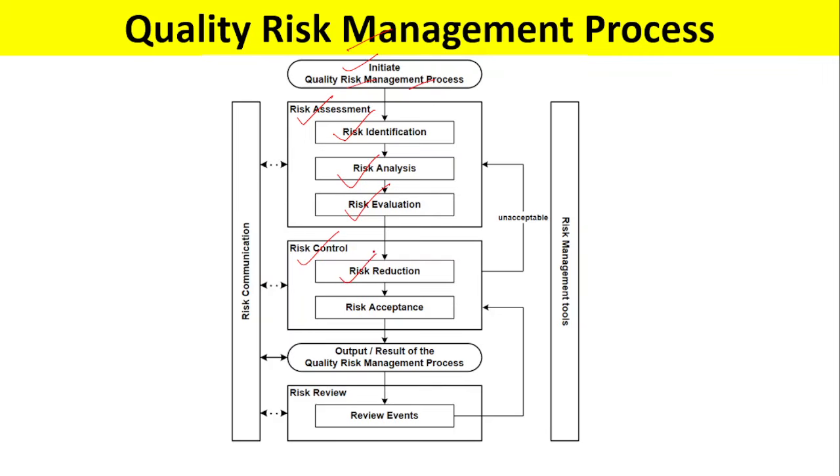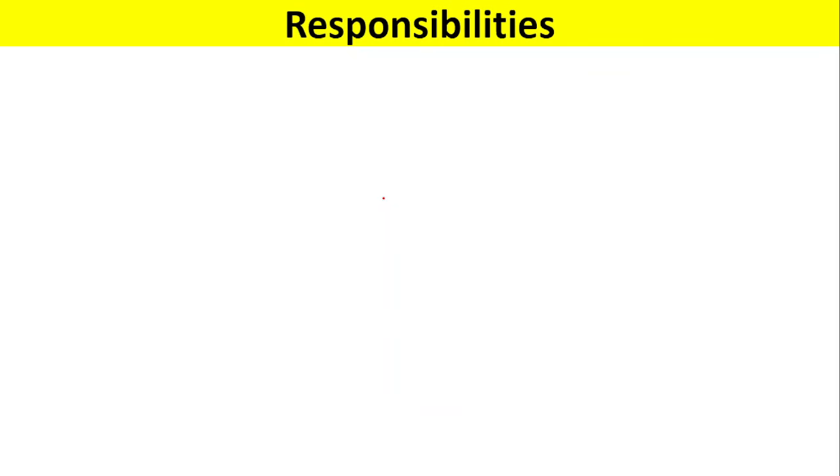This includes risk reduction and risk acceptance, and after that we have the output or result of the quality risk management process, and finally risk review events. You can see that risk communication happens at various levels of quality risk management, and different risk management tools are utilized to do quality risk management. So this is the process of quality risk management.